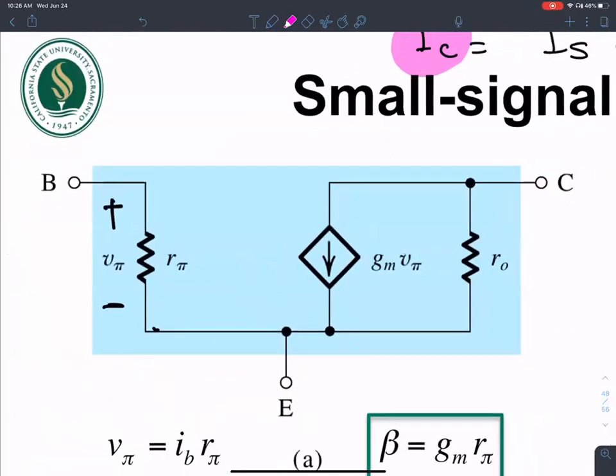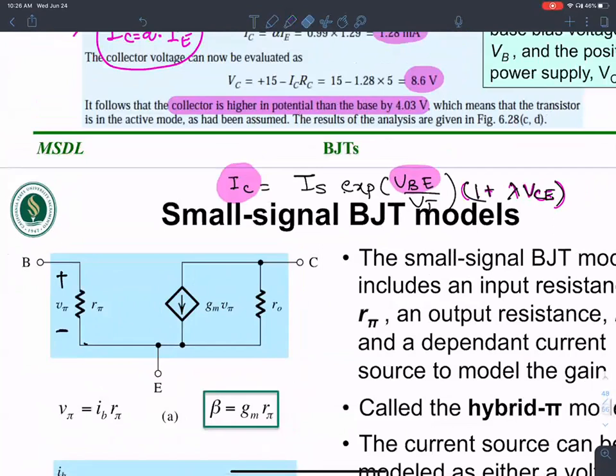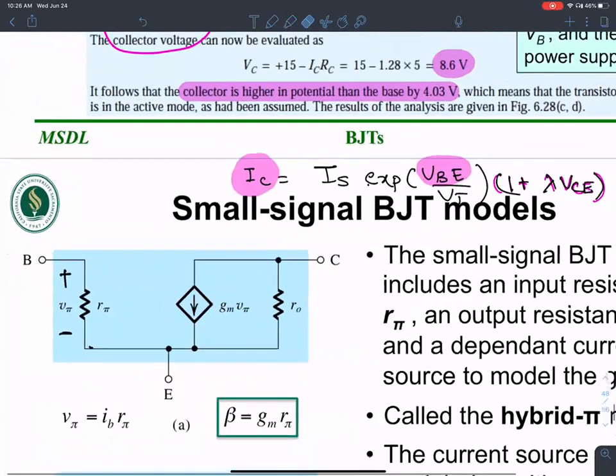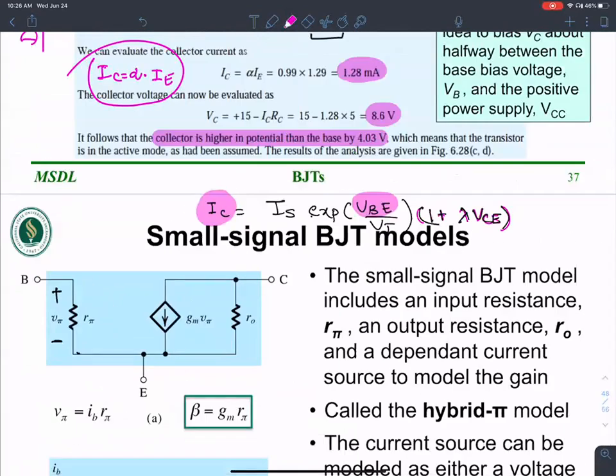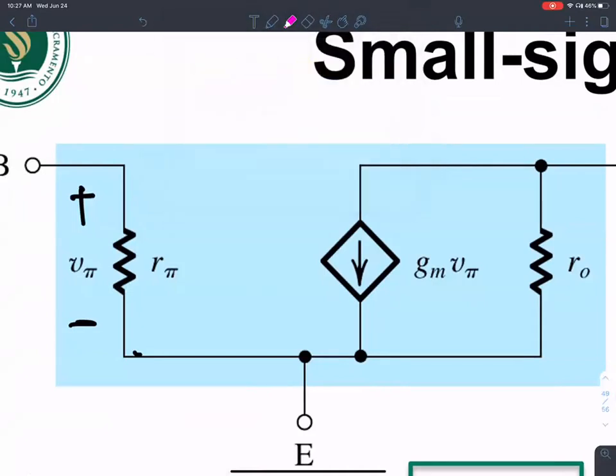If you don't quite readily see the relationship between this equation and the small signal model, you have to realize that they're fundamentally the same. There is a current source IC that depends on the value of VBE. That's what I'm doing here in a schematic manner.